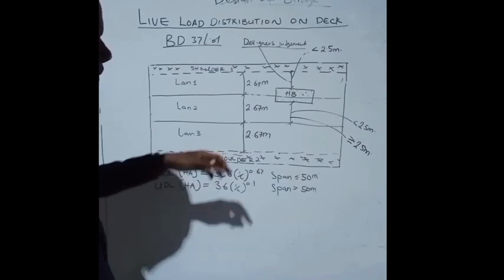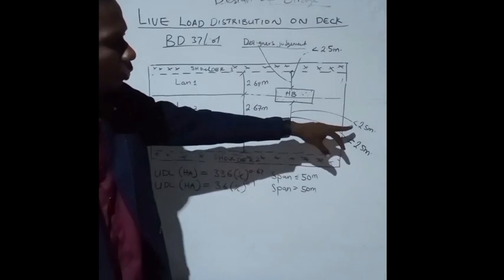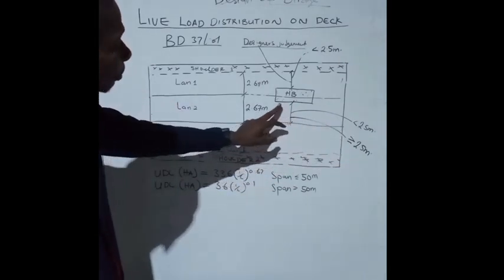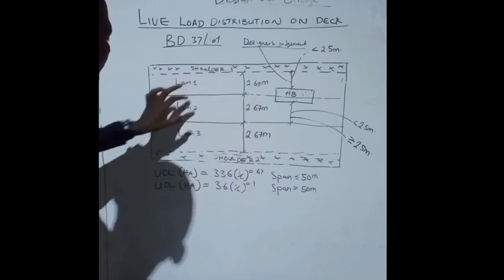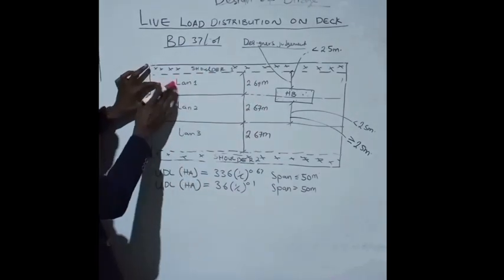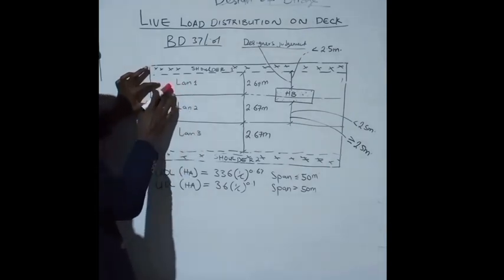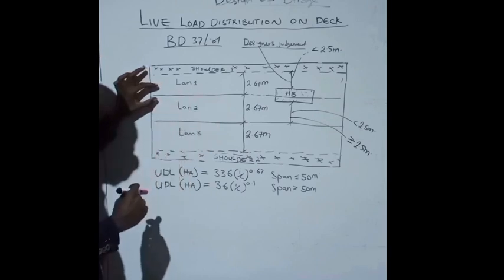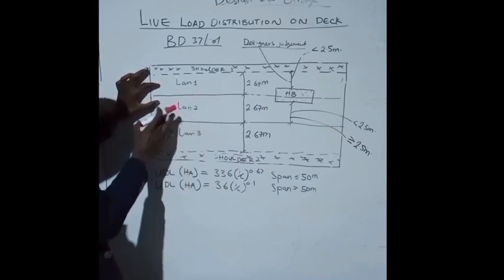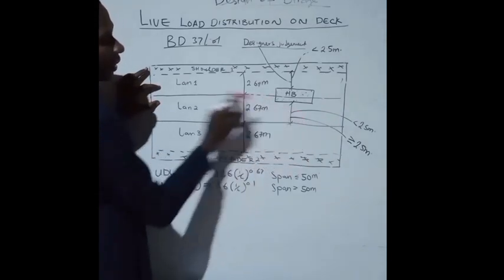And what happens on that ground? If it is less than 2.5, what it means is that the HAUDL on the first lane and the second lane will be displaced. And once they are displaced, they will automatically be replaced by the load on the third lane.